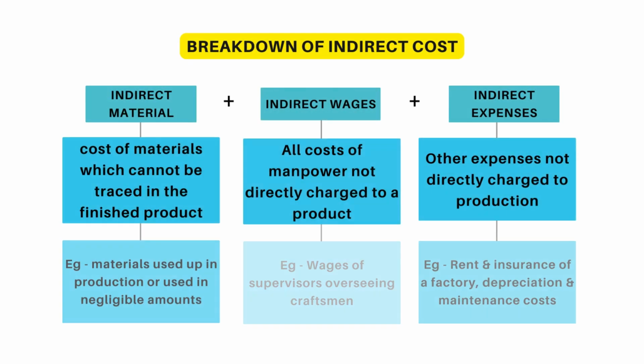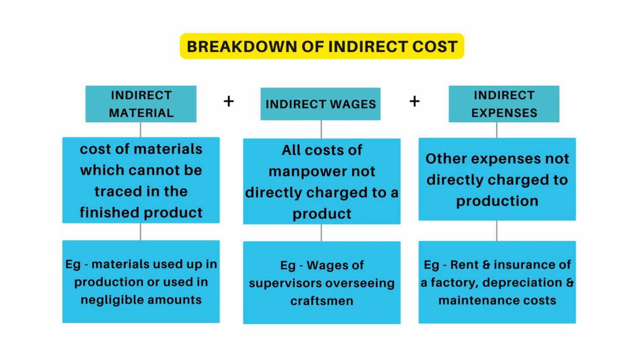Let's look at the breakdown of indirect cost. Indirect material, these are cost of materials which cannot be traced in the finished product. Example, materials used up in production or used in negligible amounts. Plus, indirect wages, all cost of manpower not directly charged to a product.